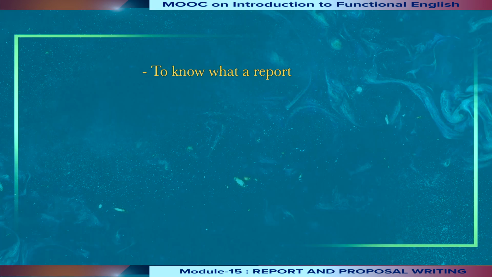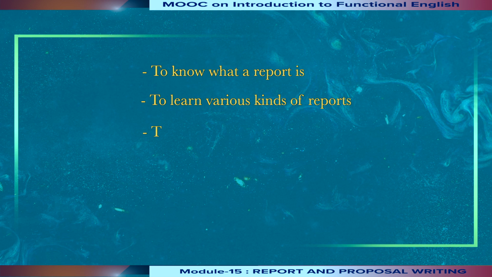Okay, so here we go with the objectives of module 15. You know that module 15 is in two parts. One is report, the other is proposal. So the first objective of module 15 is to know what a report is. The second, to learn various kinds of reports.